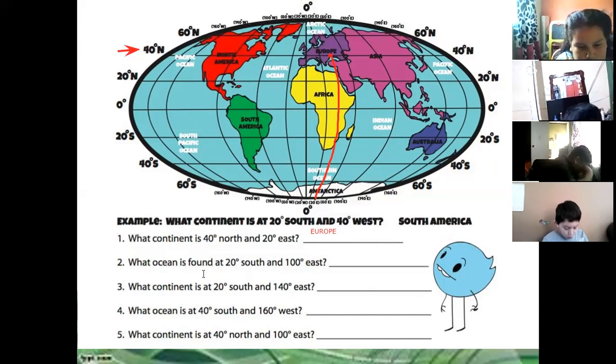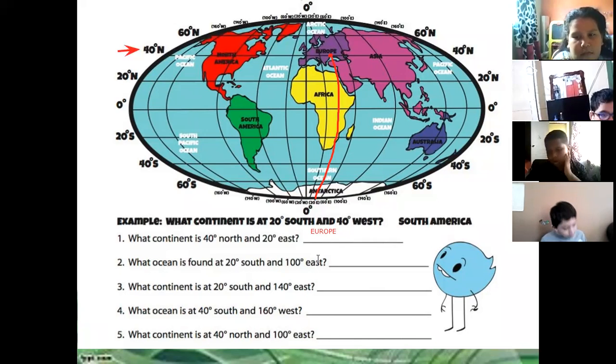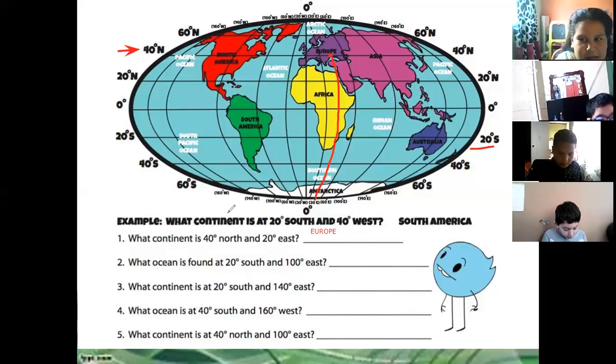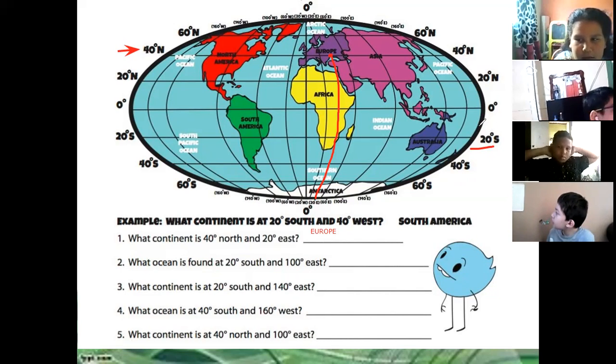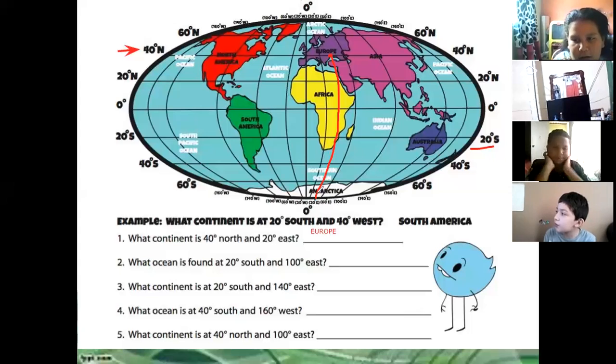What ocean is found at 20 degrees south? Okay, 20 degrees south is here, all this line. And 100 degrees east. East is here.